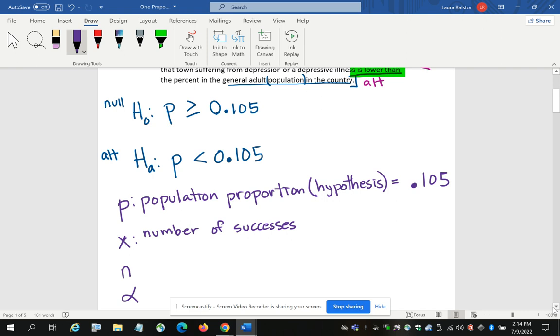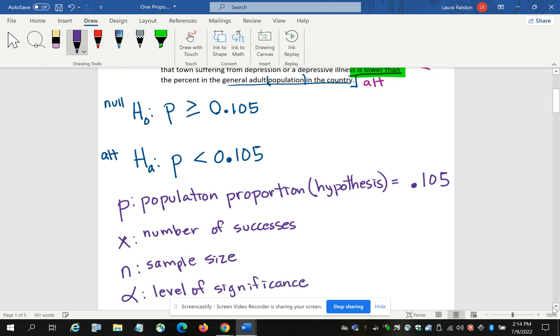How many responded to our question in the affirmative? We got what we want. n is our sample size. How many did we actually include in our sample? And alpha, as always, is the level of significance.